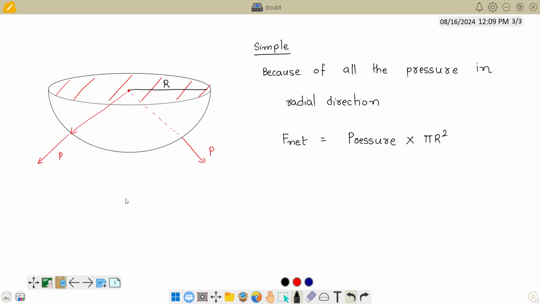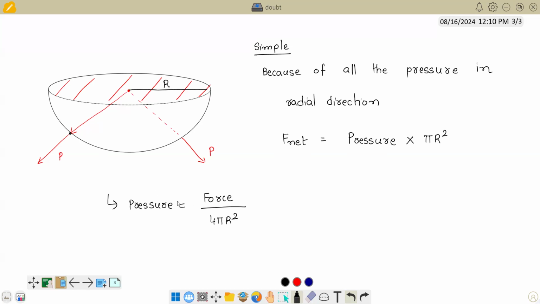We know pressure equals force at a location, like force acting on a point, divided by total area, that is 4 pi r square. We will find the expression for pressure and substitute in this equation to solve the problem.